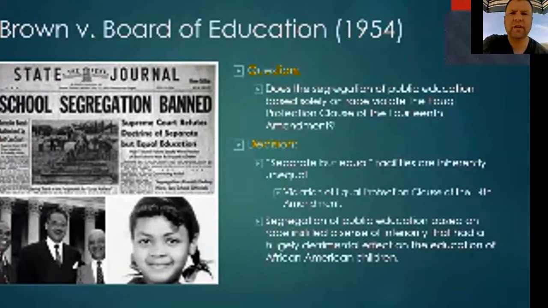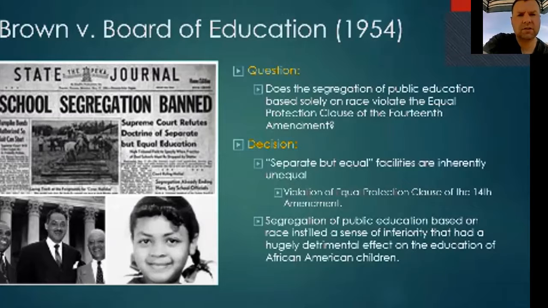All right, Brown versus Board of Education, very famous case. Whether or not segregated schools violated the Equal Protection Clause of the 14th Amendment. If you recall, there was a case prior to this that established the separate but equal doctrine. That was Plessy versus Ferguson in the 1800s.